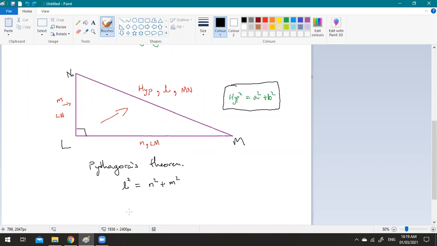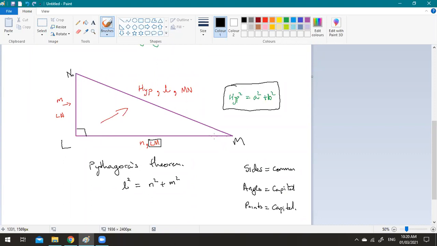Should the N and the M be capital, or stay as common letters? Once we deal with sides, it's common letters. Once you're dealing with angles, we use capital. If we're dealing with sides in terms of points, we use capital as well.